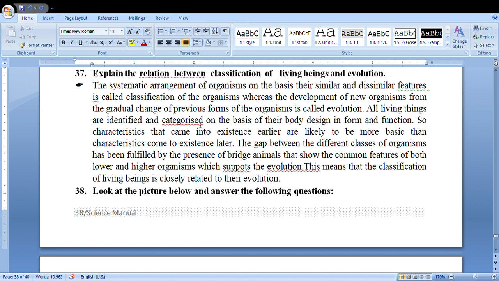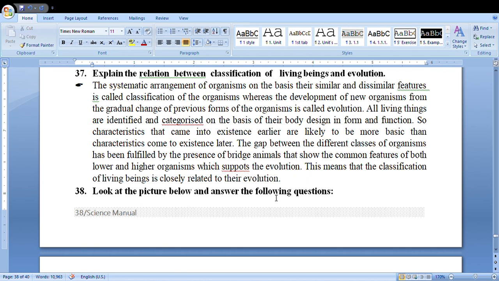So, the characteristics that came into existence earlier are likely to be more basic than the characteristics that came into existence later. The gaps between different classes of organisms have been filled by the presence of bridge animals that show the common features of both lower and higher organisms, which support the evolution. This means that the classification of living beings is closely related to evolution.